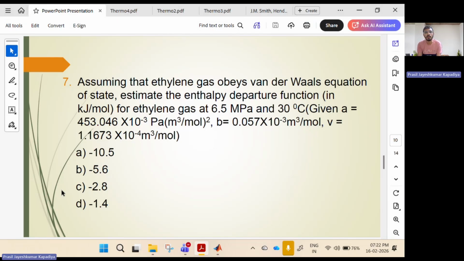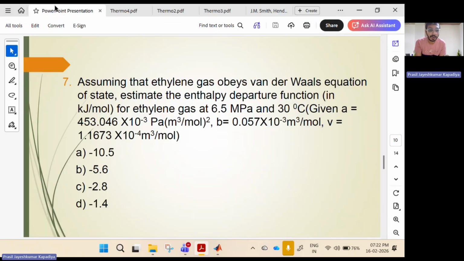We are given a as 453.046 into 10 raised to minus 3 in SI units, and b as 0.057 into 10 raised to minus 3 meter cube per mole, and the molar volume as 1.1673 into 10 raised to minus 3 meter cube per mole.